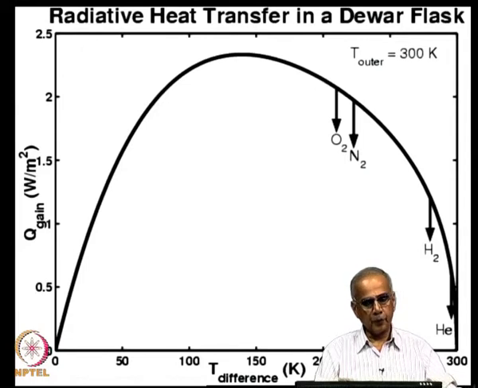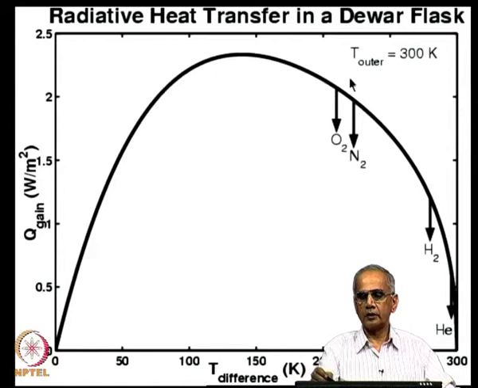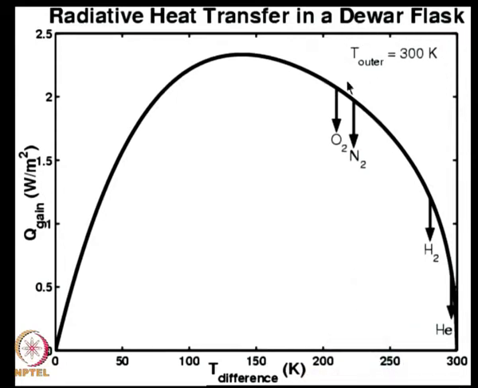Now, to make this point even more dramatic, we take up the case of the Dewar flask, where the outer cylinder is at 300 K, and I vary the temperature of the inner cylinder such that when the inner cylinder is at 0 degrees Kelvin, delta T is 300, when the inner cylinder is 300, delta T is 0.